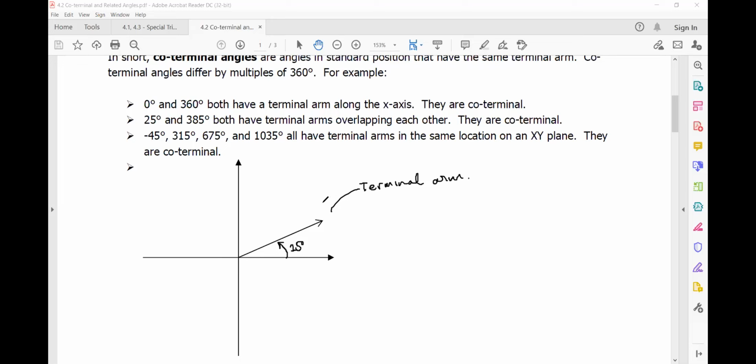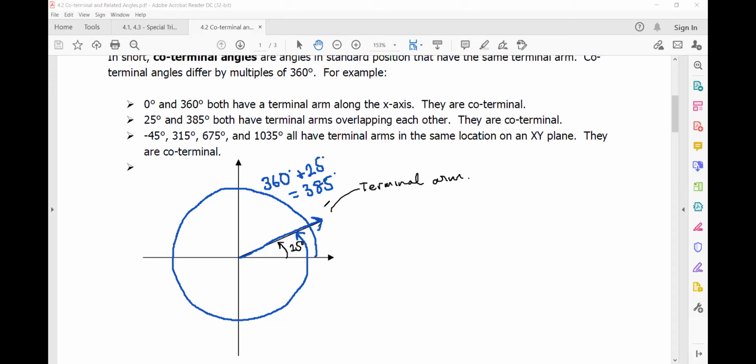If that is where I'm stopping, I don't have to go directly there. I might have actually rotated a full 360 degrees before landing there. In other words, I could also argue that a full 360 degrees plus the extra 25 degrees will land me in the exact same location.